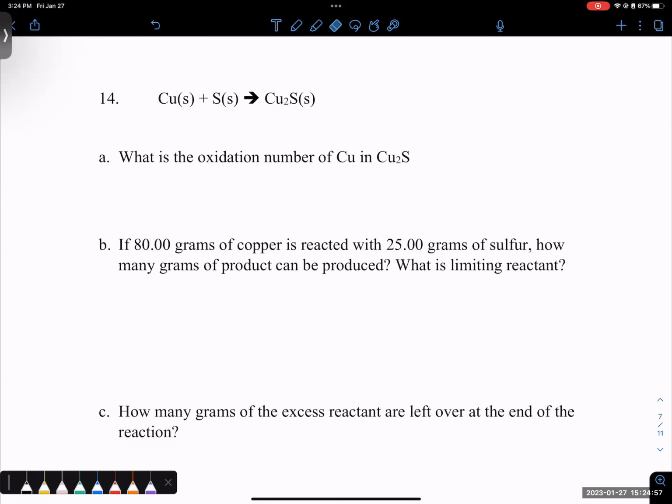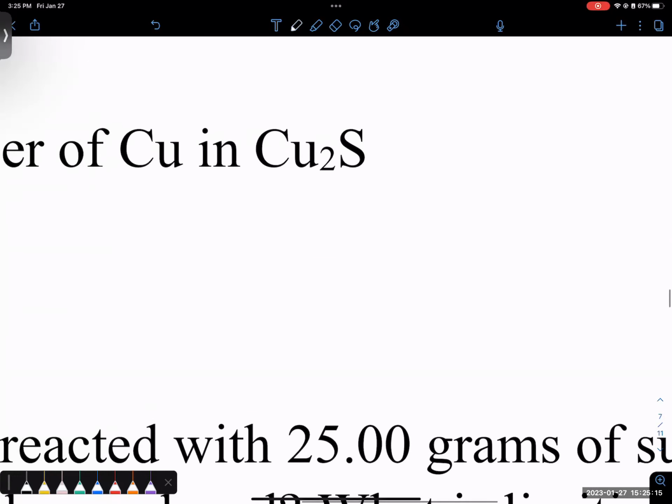It has a lot of stuff. The first one is asking what is the oxidation number of copper in this compound here. For ionic compounds, the oxidation number is just equal to the charge of the ion. So to do a reverse crisscross, the 2 goes up here, this 1 goes here.